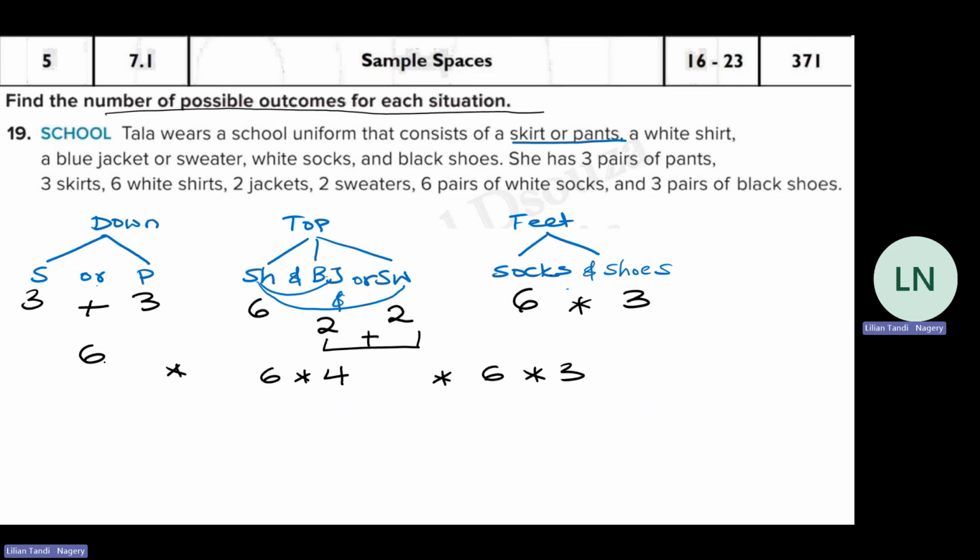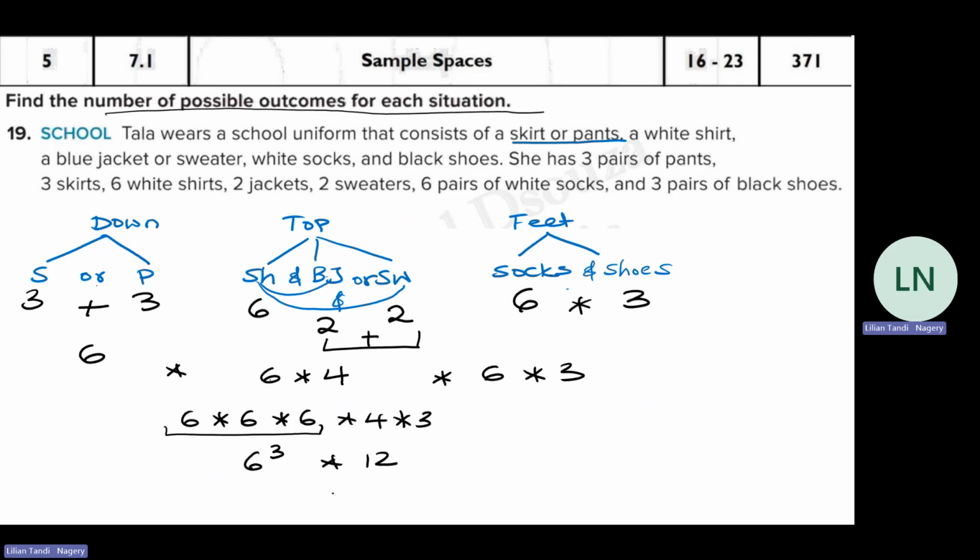Now, I have 6 times 6 times 6 times 4 times 3. So this is 6 cubed times 12.